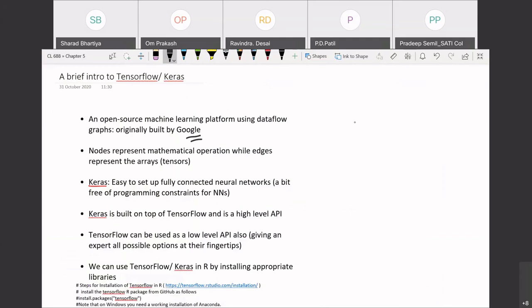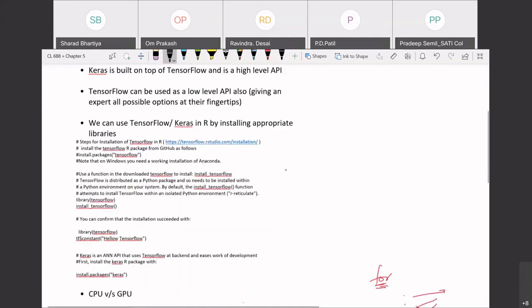So it was built by Google, and it can do very sophisticated operations, and it has become like a standard which is used by everybody. It's open source. So as I told you, you can use it in R, or you can use it as a library in Python, and the same software.